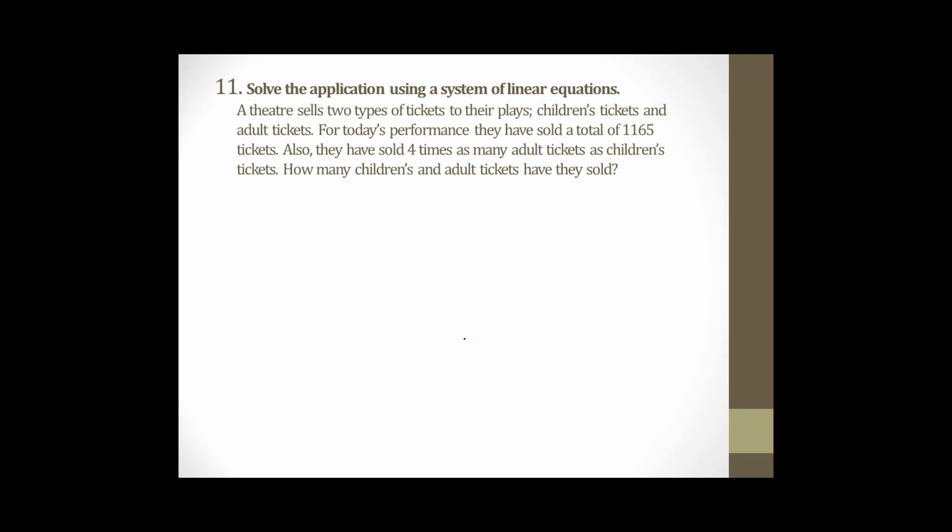And then it says that these two types of tickets total 1,165, which means if we take the children's tickets, and I'm calling it C rather than X or Y, so I know which one is which, the children tickets plus the adult tickets would total 1,165. I got my first equation.